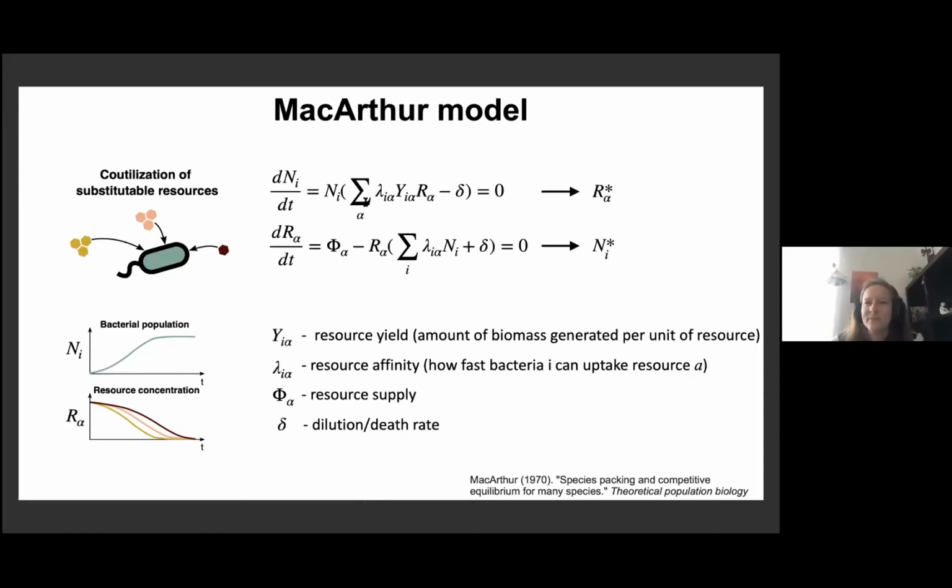And typically, what people do from these microbial biomass equations is get the steady state concentration of resources. And from these resource equations, you use those steady states, put them in here, and get your microbial abundances, or bacterial population in whatever units you defined.